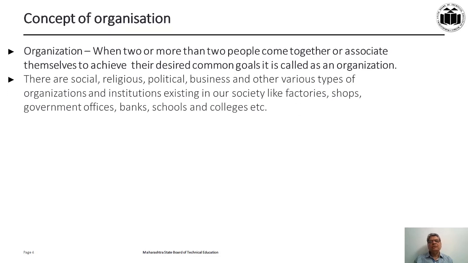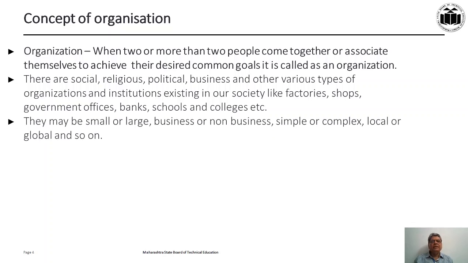Now there may be social, religious, political, business, and various other types of organizations and institutions existing in our society, like factories, shops, government offices, banks, schools, and colleges, etc. They may be small or large, business or non-business, simple or complex, or local or global, and so on.